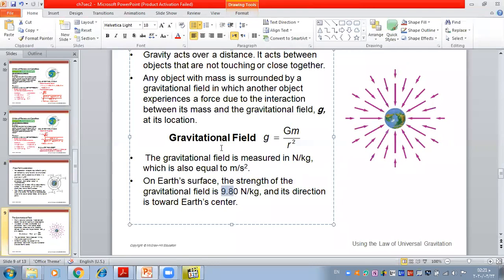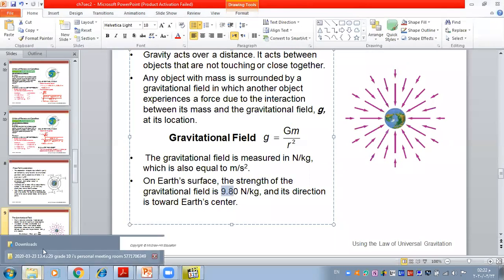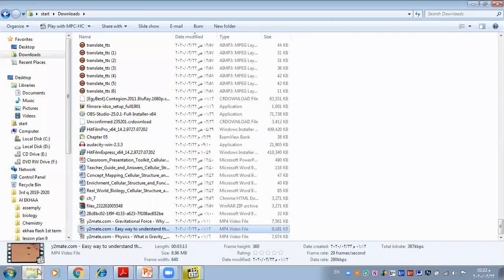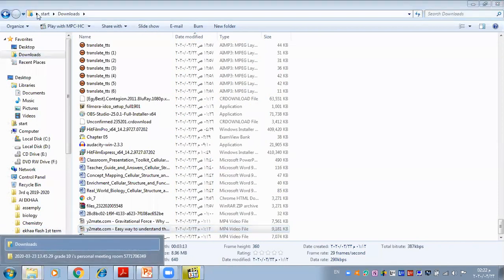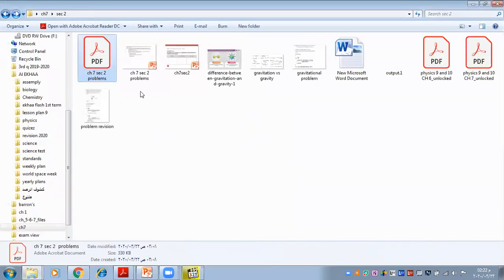If we want to calculate the gravitational field on the Moon, you will use this law. If you want to calculate it on any other planet, we will use this law. Teacher, in this rule, do we use the radius of the object, or the distance between objects? We will see practically now.